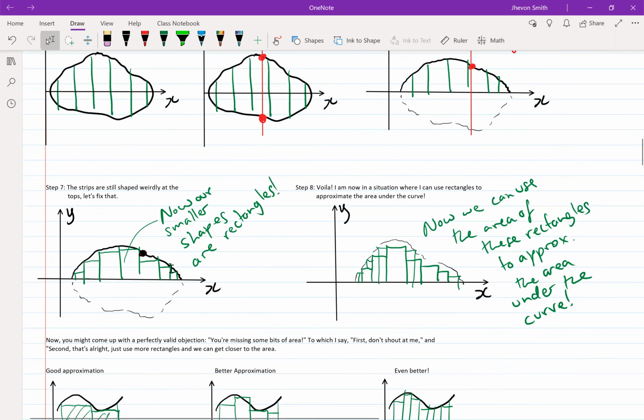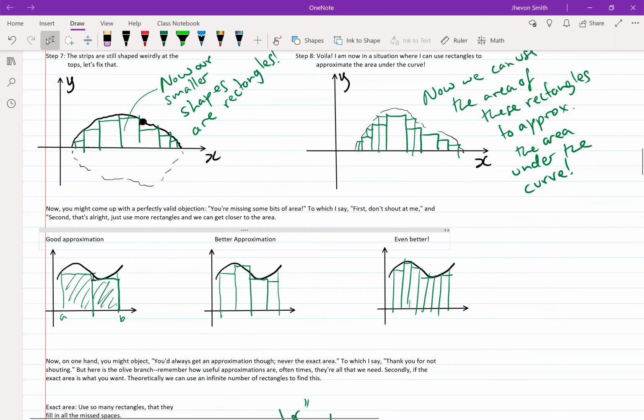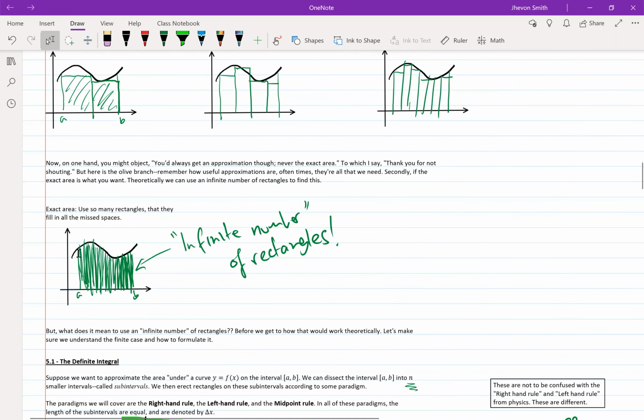I use a bunch of areas of rectangles to approximate it. The more rectangles I use, the better the approximation, and an infinite number of rectangles would theoretically give the exact answer.